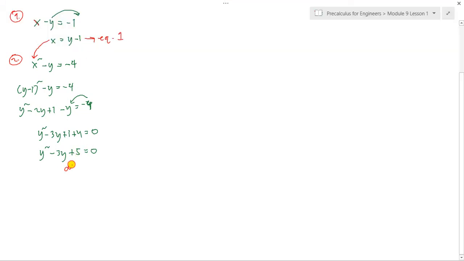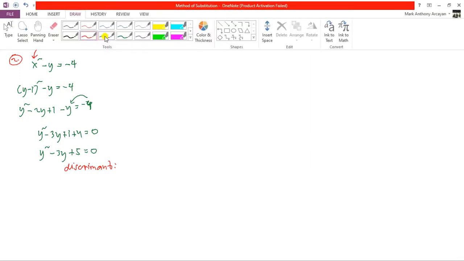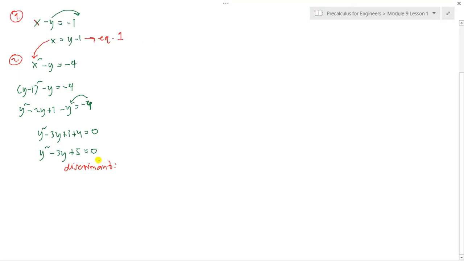So using the discriminant method, the discriminant is used in the quadratic equation. Remember the quadratic formula, negative b plus or minus the square root of b squared minus 4ac. So here is b squared minus 4ac.